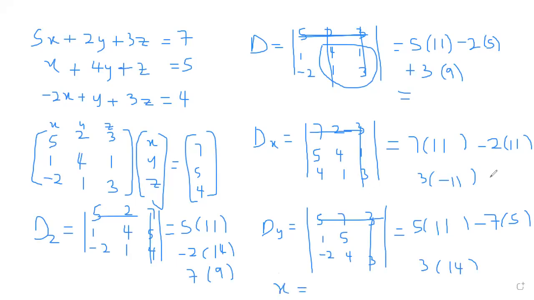x will be the dx you obtain here over the d. Your y is going to be your dy you obtain here over the d. Then the z will be the dz you obtained here over the d.